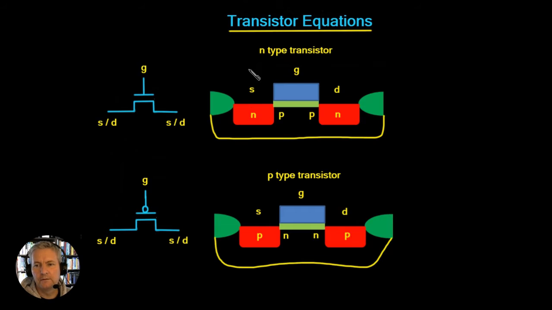Just to repeat, for an N-type transistor, the source is the low voltage terminal and the drain is the high voltage terminal. For a P-type transistor, the source is the high voltage terminal and the drain is the low voltage terminal. So that's something to be remembered.